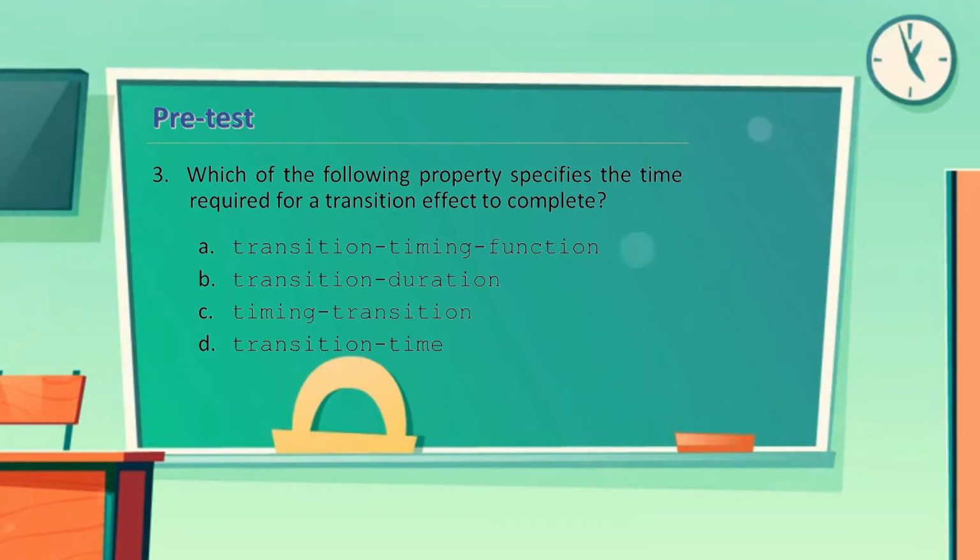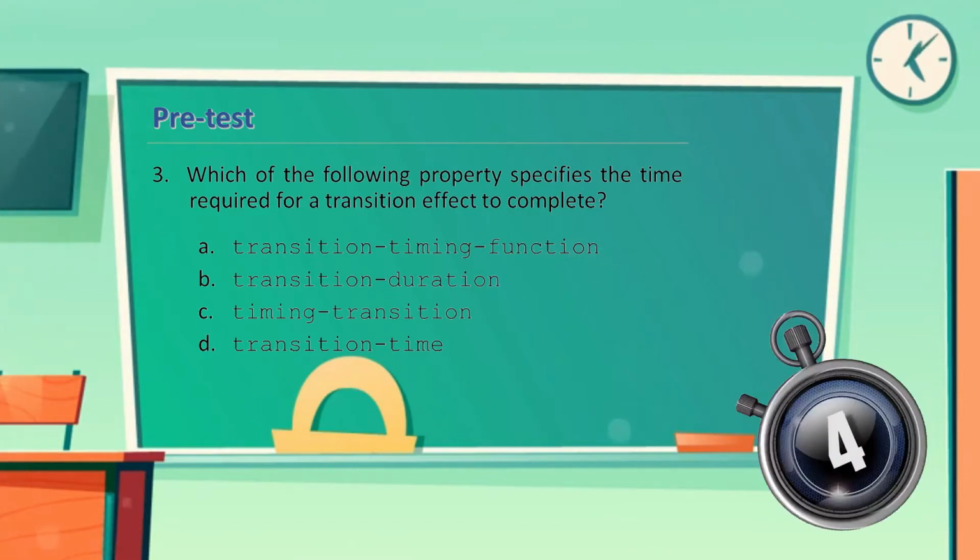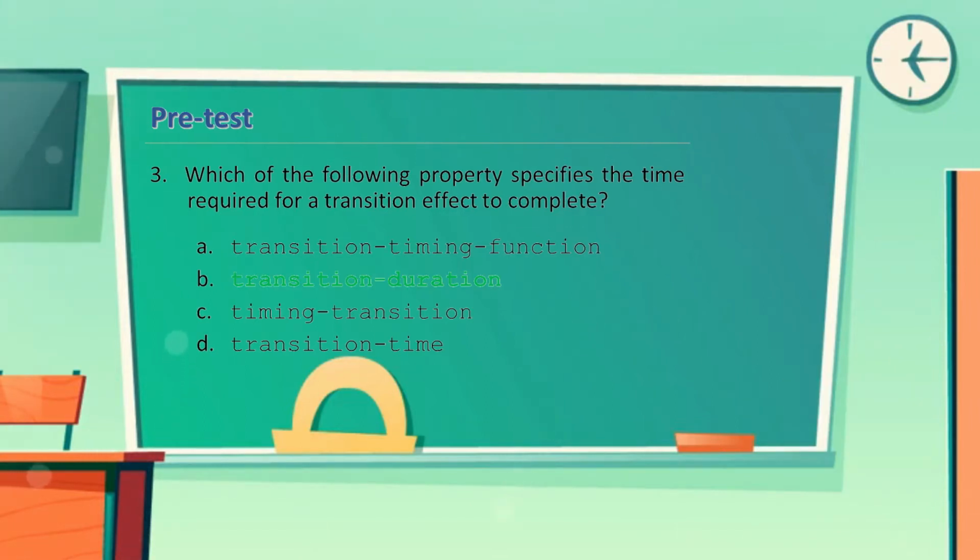Letter B, transition duration. Letter C, timing transition. And letter D, transition time. And the correct answer is letter B, transition duration.